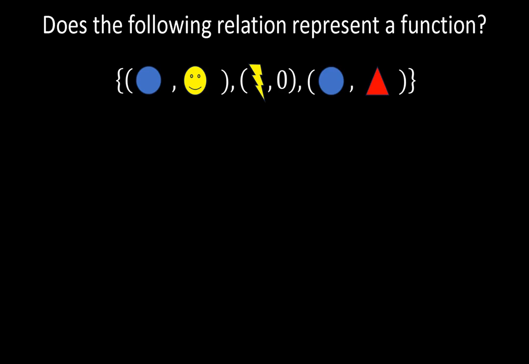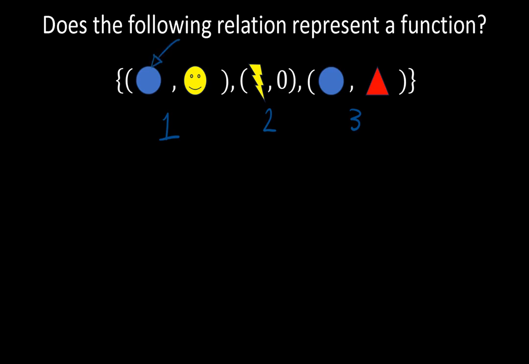So this one's a little different. Does this relation represent a function? In this relation, I see 1, 2, 3 ordered pairs. Now, according to the previous example that we did, we should be able to look at each one of these ordered pairs to see if an input is repeated. And I see that an input is repeated.